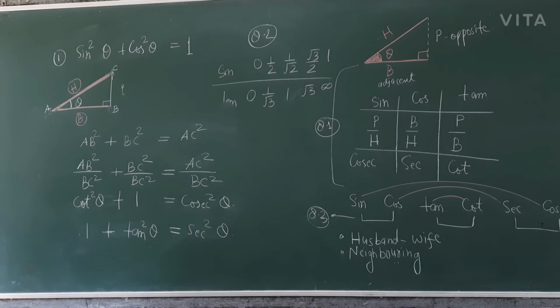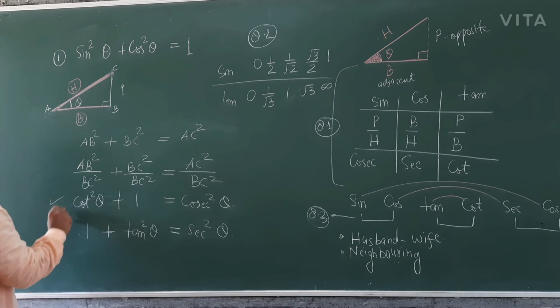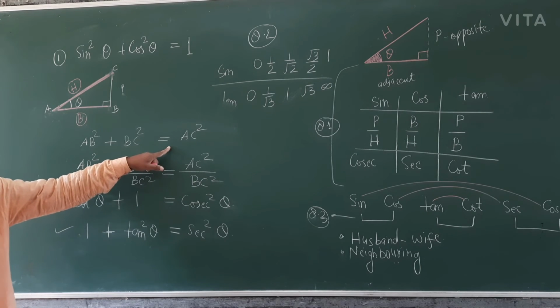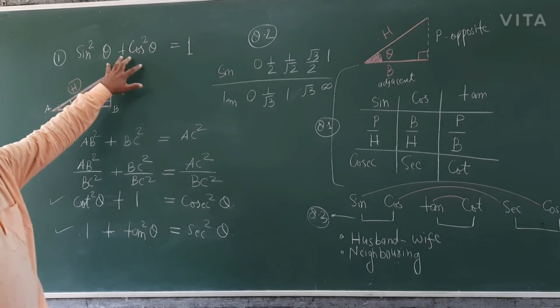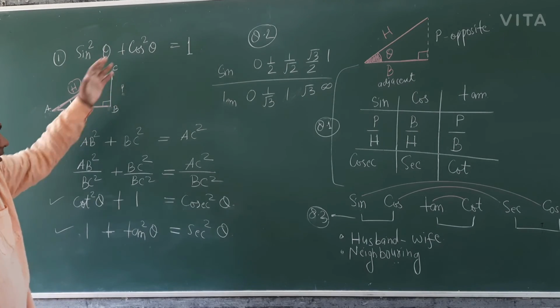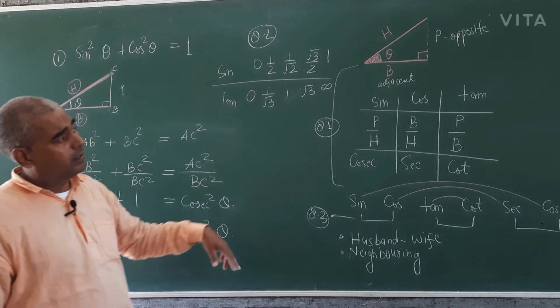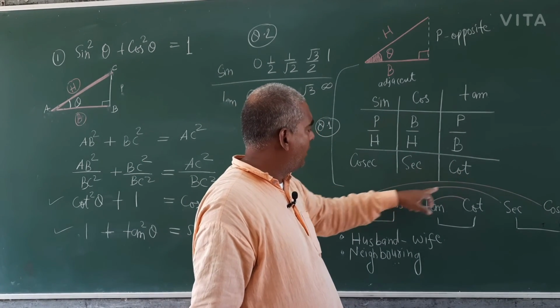So you are getting three formulas, this is 1, this is 2 and this is 3. But you see, this is only the Pythagoras theorem in different forms, where all the trigonometrical ratios have been used: sin and cos, tan and sec, cot and cosec.